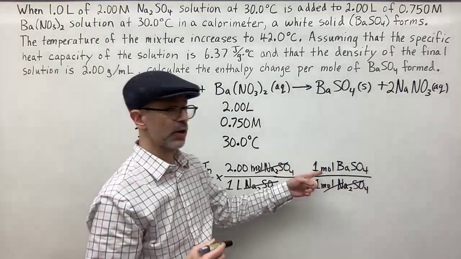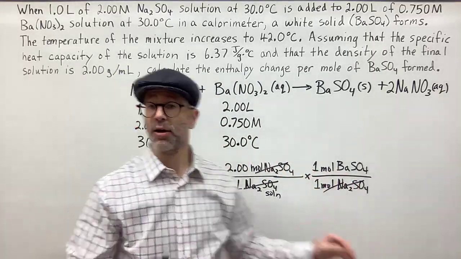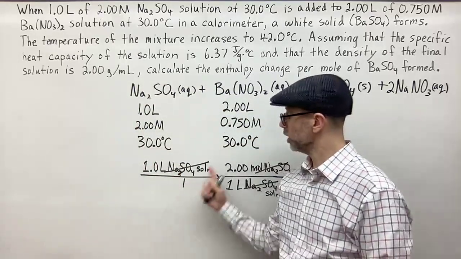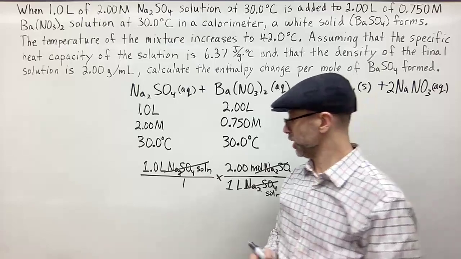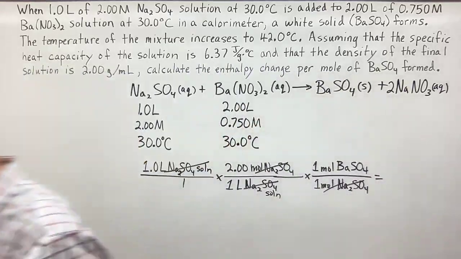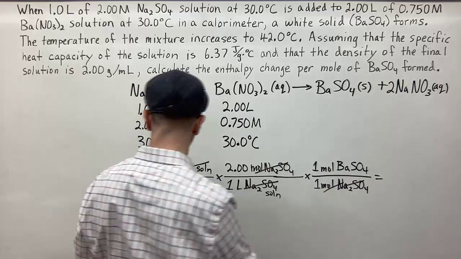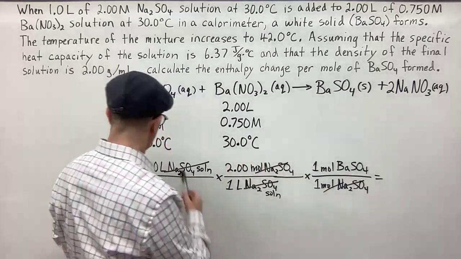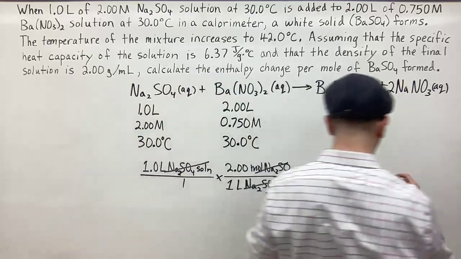And now I have moles of barium sulfate. So now I can calculate the moles of barium sulfate formed from this amount of the sodium sulfate, 1 liter of the given sodium sulfate solution. And so when I calculate this out, I get 2 moles. Of course, it's 2 moles. I forgot everything's 1. So 1 divided by 1 multiplied by 1, so it's 2 moles.